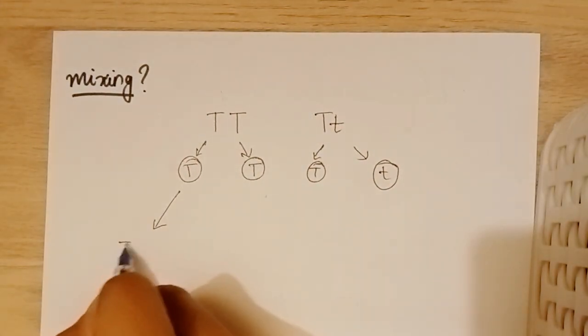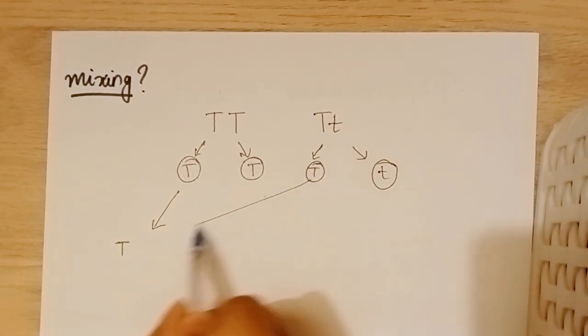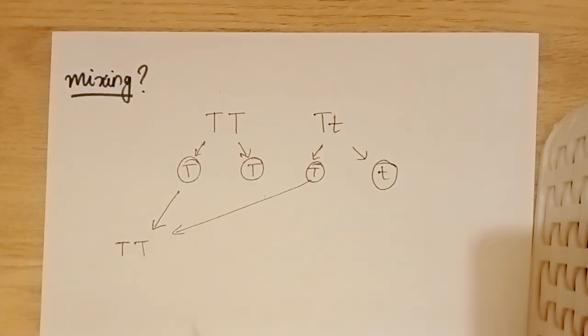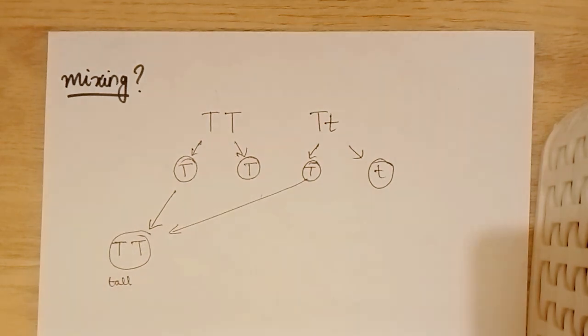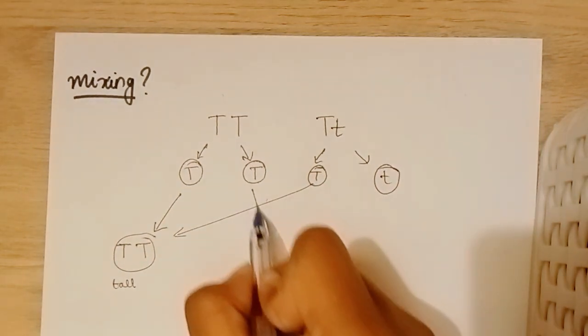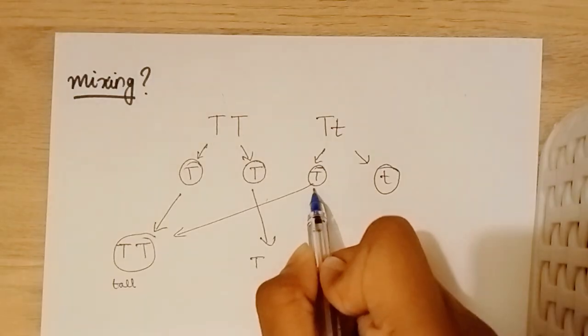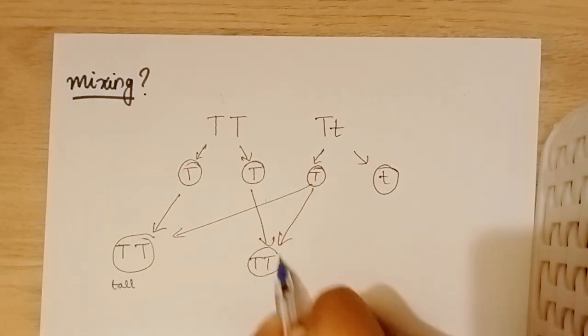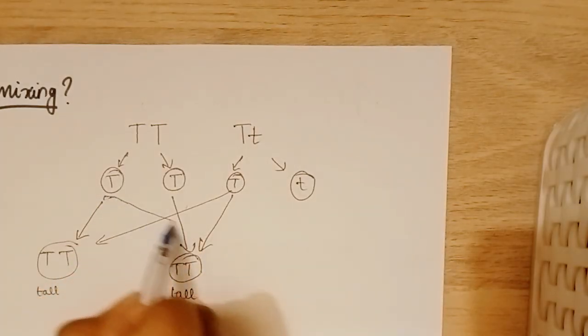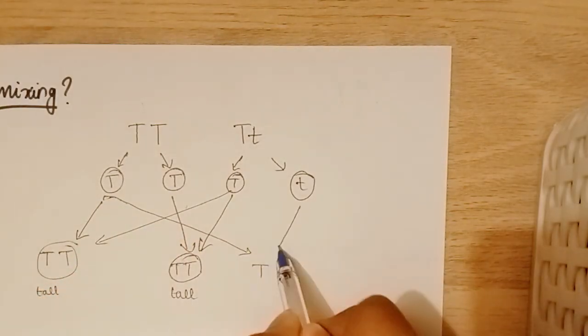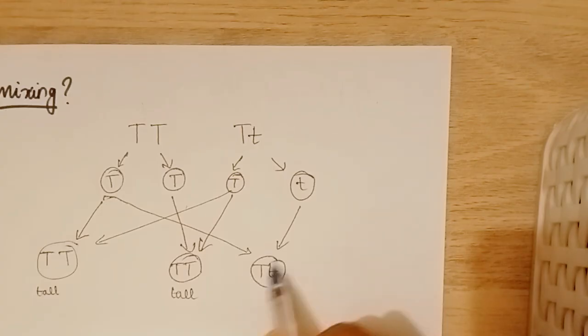Now this T comes here and this T joins together, forming a tall offspring or a tall child. This T and this T combine together to give a tall child again. This T and this small t combine to give again a tall child.